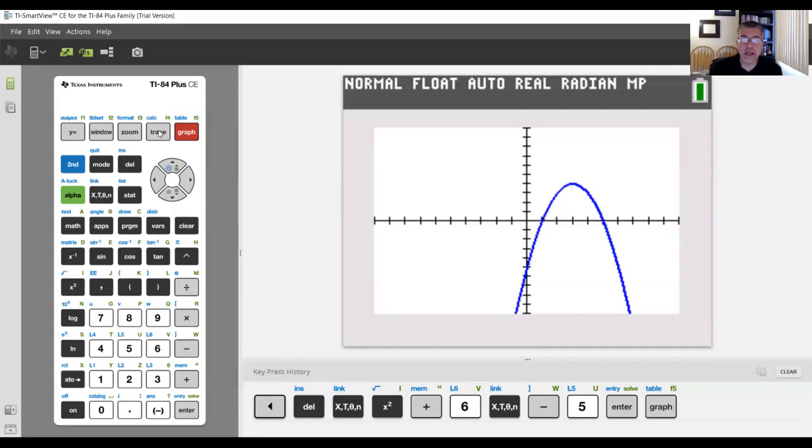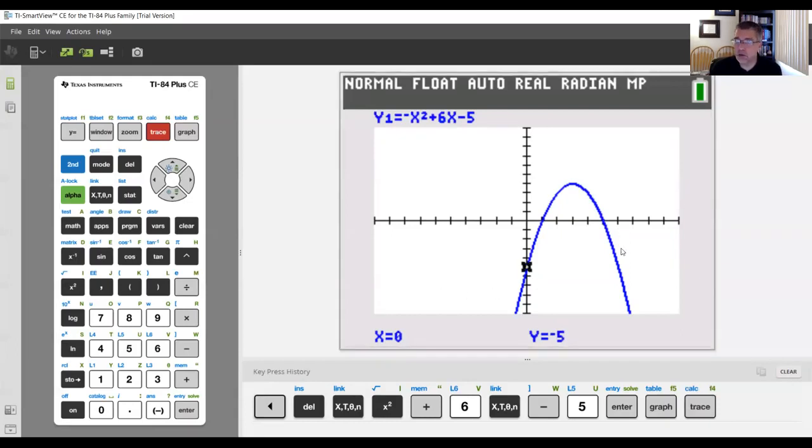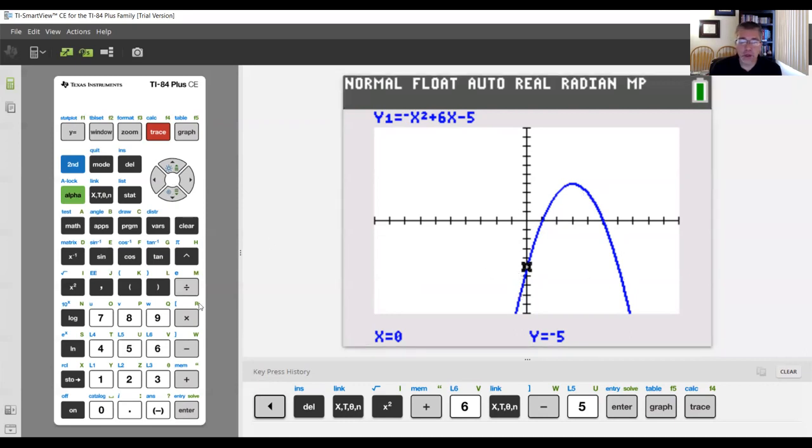Now the trace key is right next to the graph key. The trace key will actually allow me to find values on this graph. So I can use this trace key and the arrow keys to arrow over, and it will show me various points on this graph.